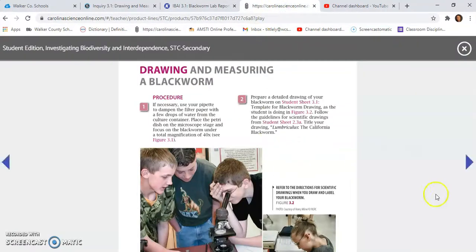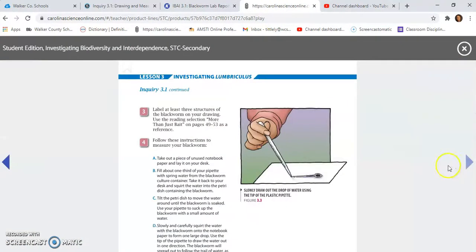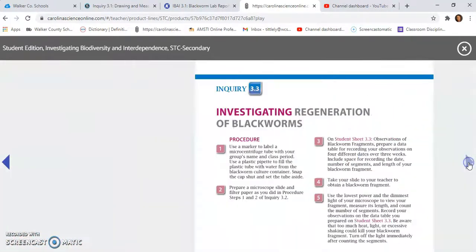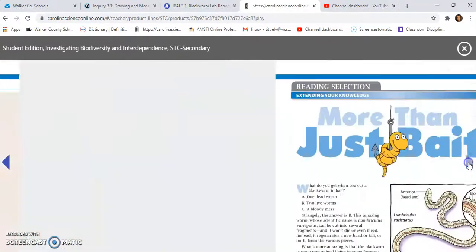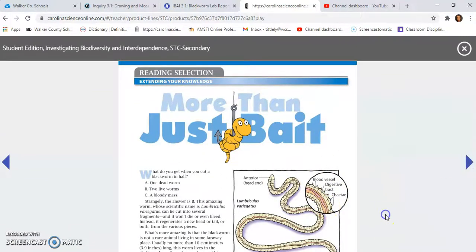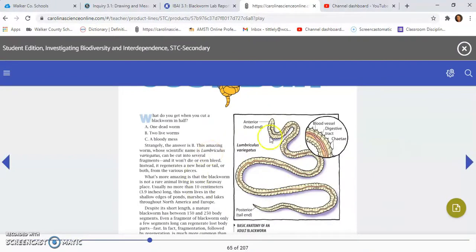Okay, after we do that, the next step says for you to label at least 3 structures of the blackworm on your drawing, and you can find those structures on page 49 to 53 in the book. Actually, page 49 would be where it shows the picture. Right here, this picture shows the parts, but I have given you a little bit of a shortcut.